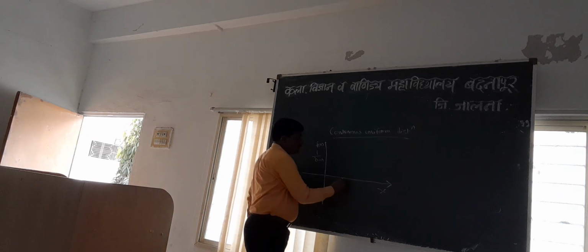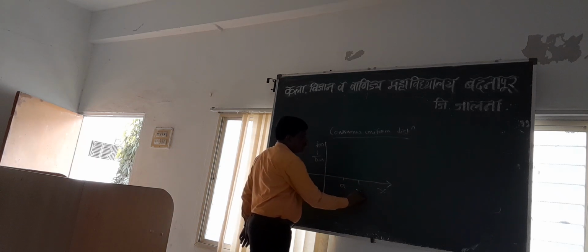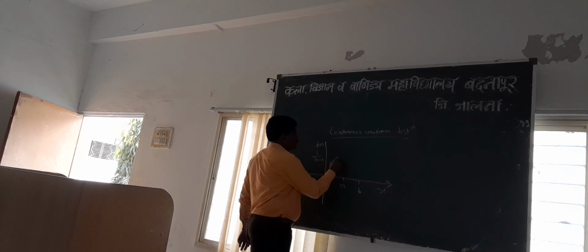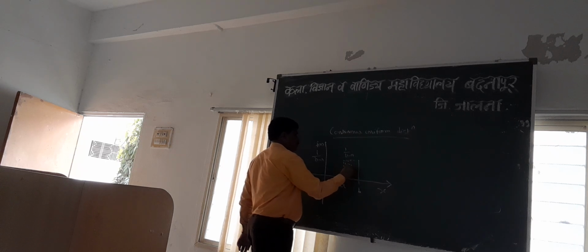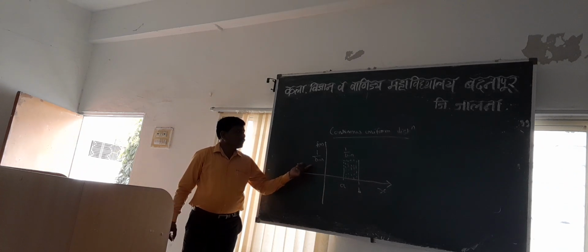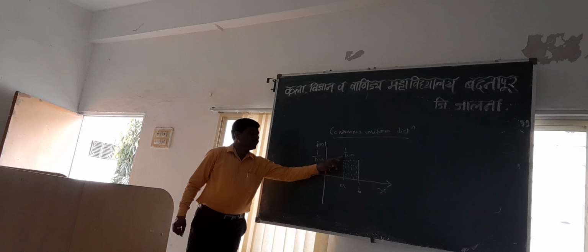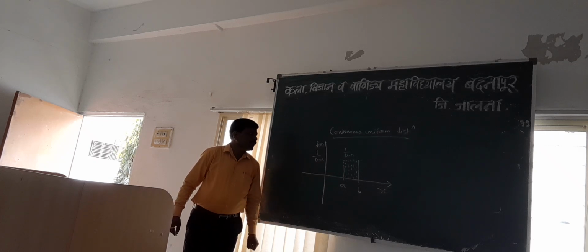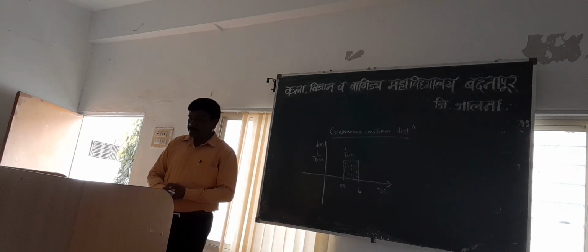We have considered point a here and b here, and we join this function, that is 1 by b minus a.